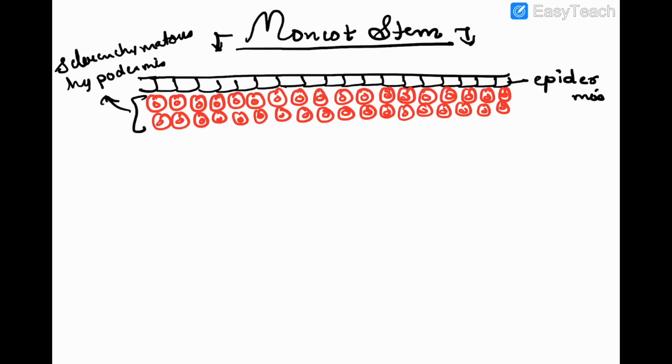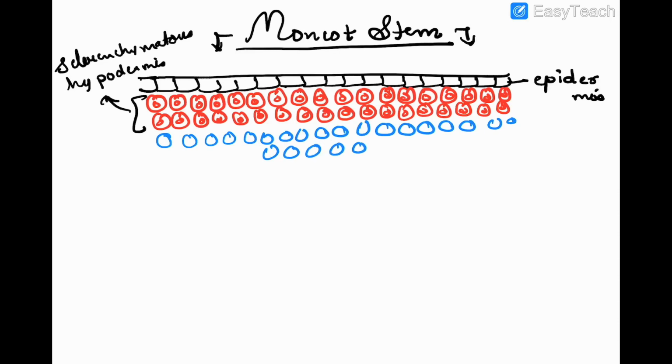Now comes the cortex. Cortex consists of parenchymatous cells. So this is the parenchymatous cortex. I'm drawing it.